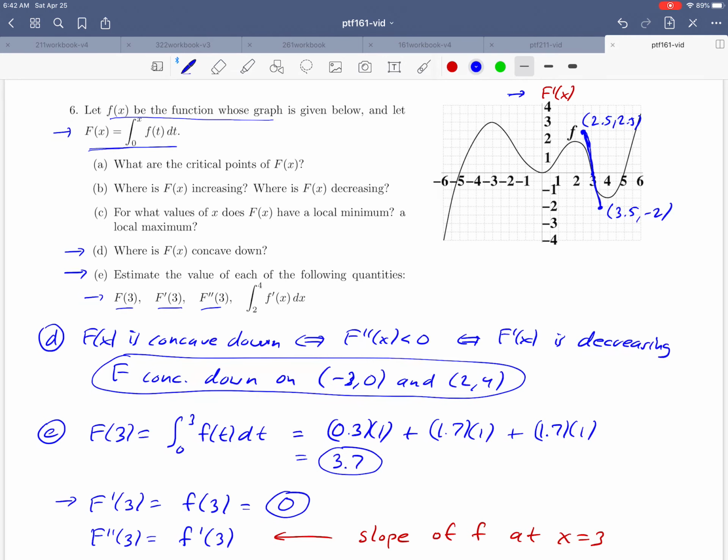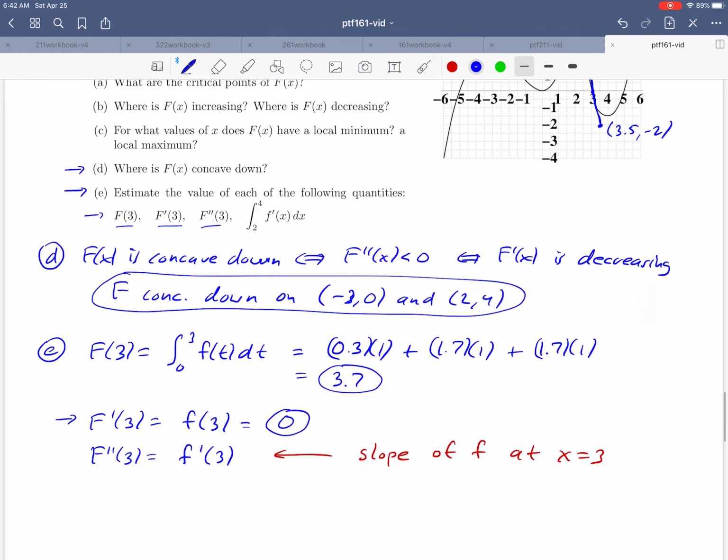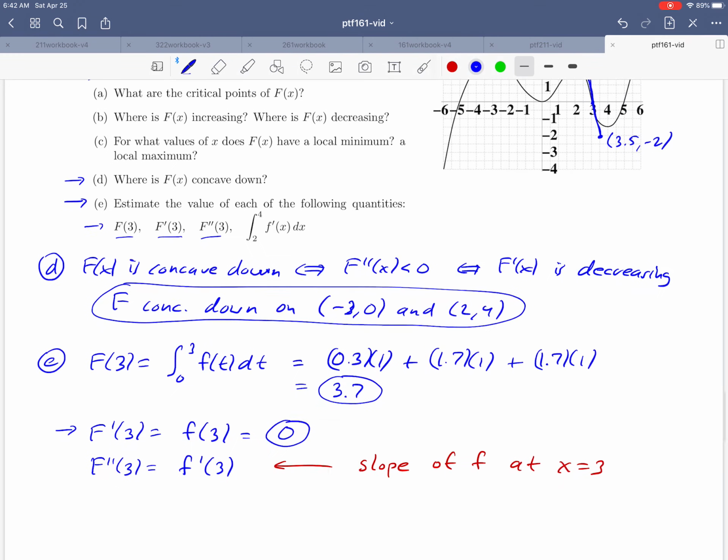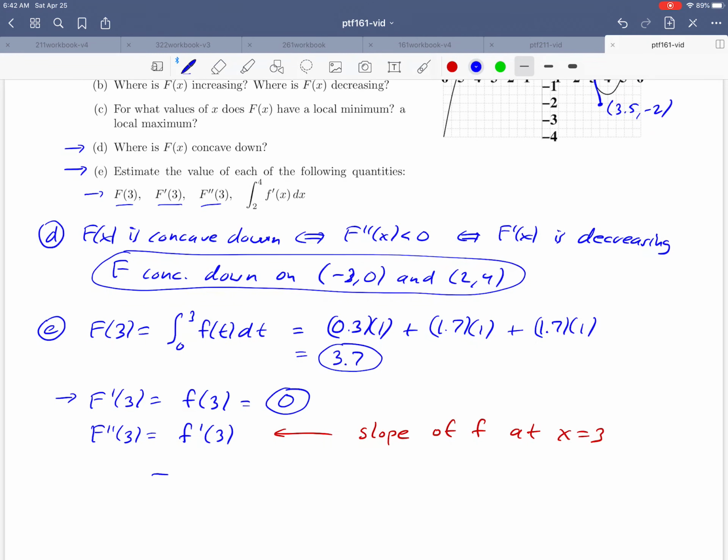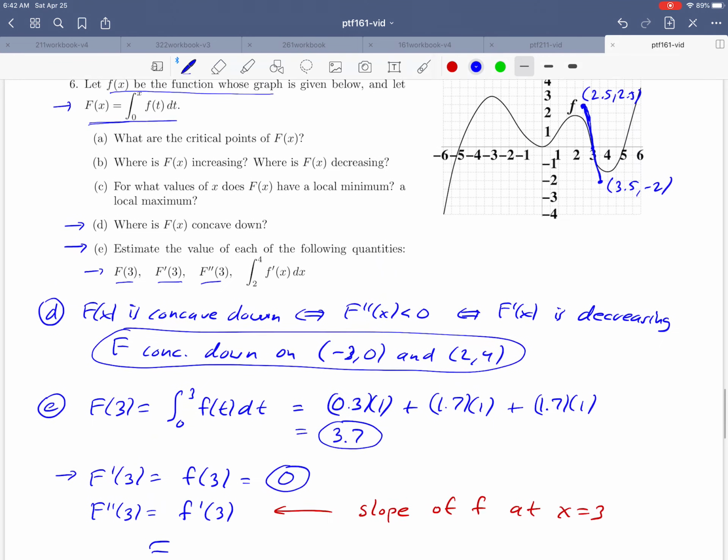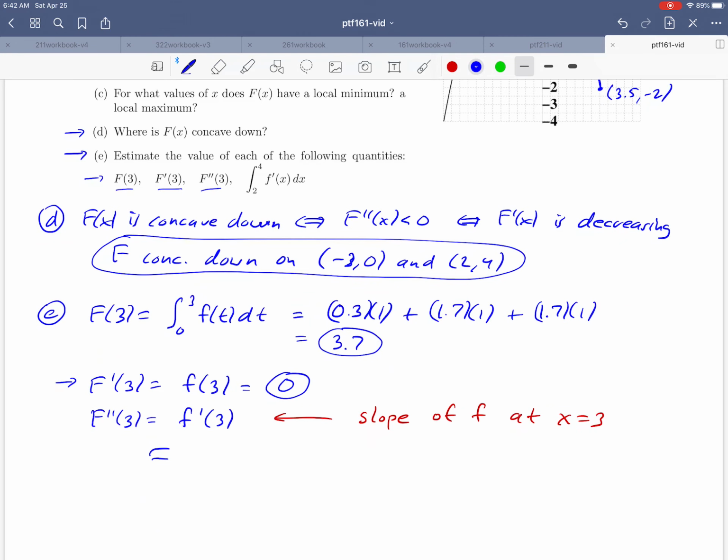We're just going to use rise over run to try to estimate the slope of that segment. So that's going to be approximately, let's peek at those points again, negative 2 minus 2.5, that's the rise.